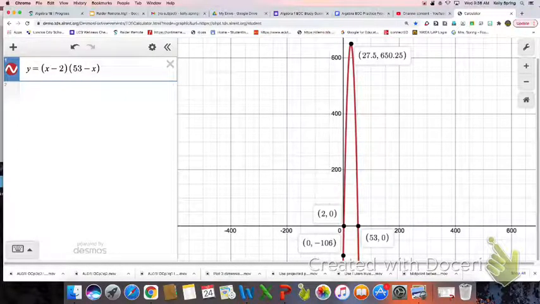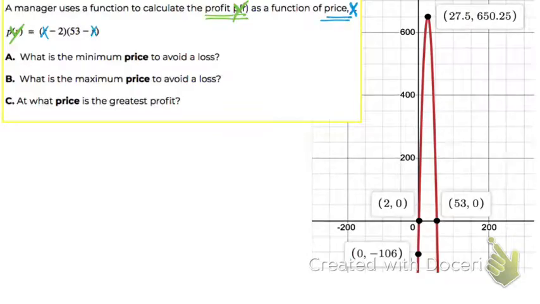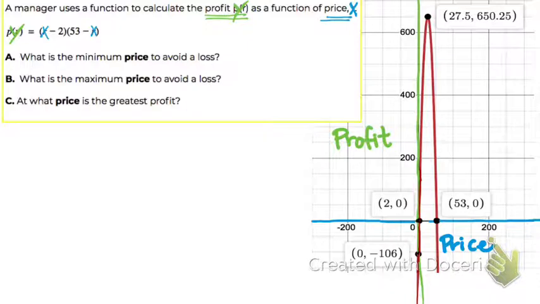So once you have that, let's start to analyze it a bit more. At this point, I might make a sketch on my piece of paper just so I can label my X and Y axis as price and profit. Always when you're looking at these graphs of real-world situations, you want to think, should I just be focusing on a certain portion of the graph?